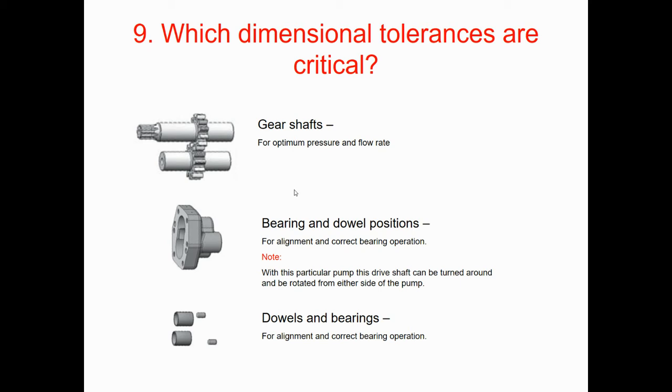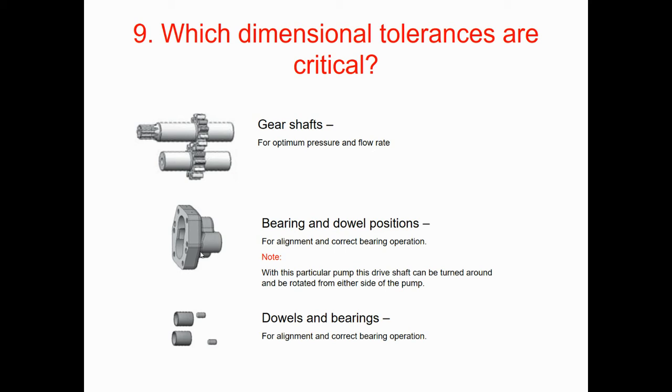Also, the other two critical dimensional areas are going to be the bearing and the dowel position. We cannot see the bearing from this side, but I'm going to show you that in the video I'm going to post with this one.